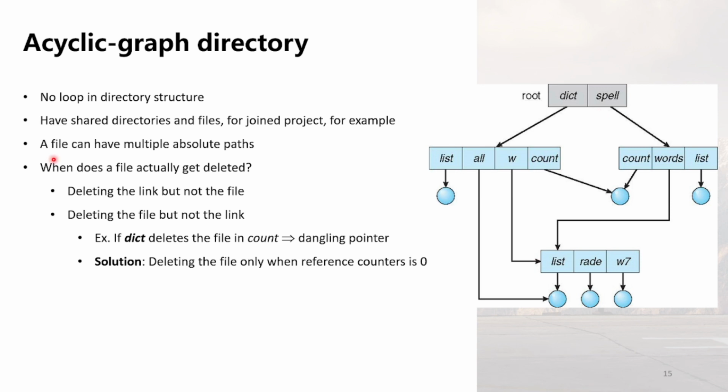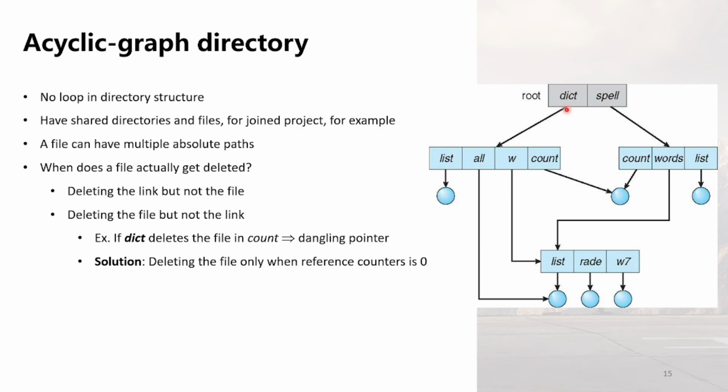Another important aspect is that a file can have multiple absolute paths, which leads us to a critical question: when does a file actually get deleted? It's not as simple as just removing the file or the link.